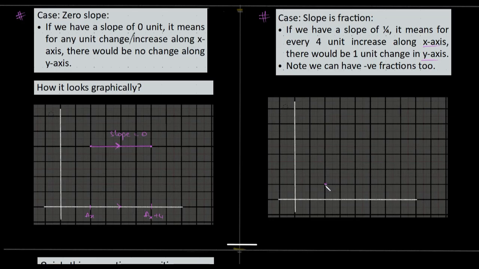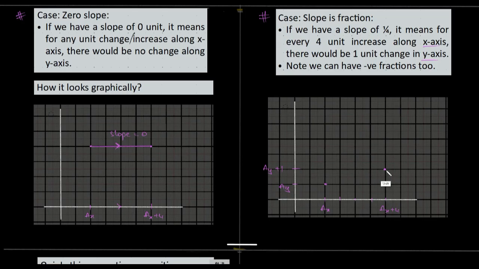So let's consider a point. This is the projection of this point onto the x-axis. 1, 2, 3, 4. This is ax plus 4. There would be 1 unit increase along the y-axis. So if this is ay, this is ay plus 1.